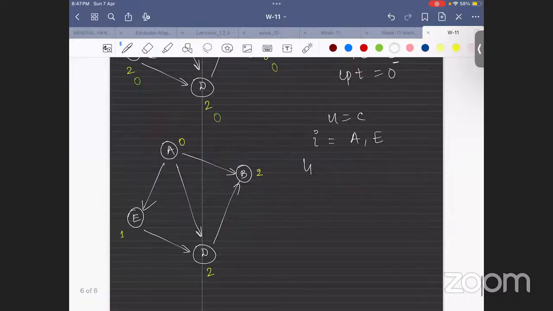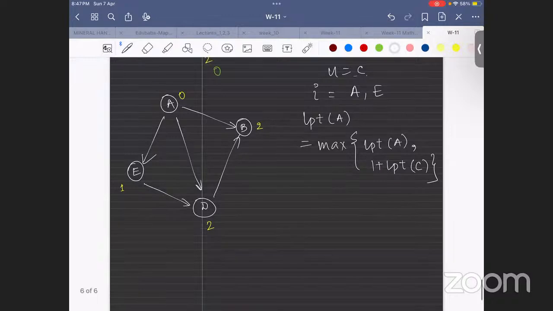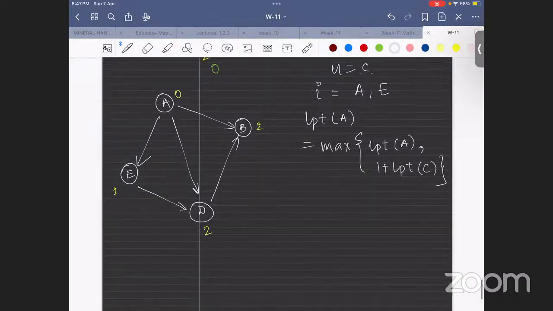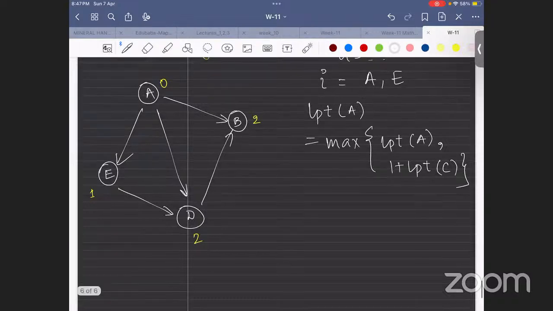What should be the value? I told you, maximum of LPT to A or 1 plus LPT to U, which is C. Is this clear to everyone? Till now? So now, what is the maximum?